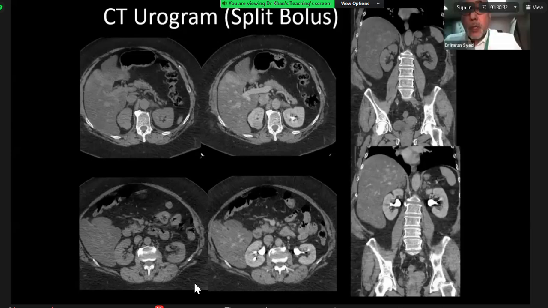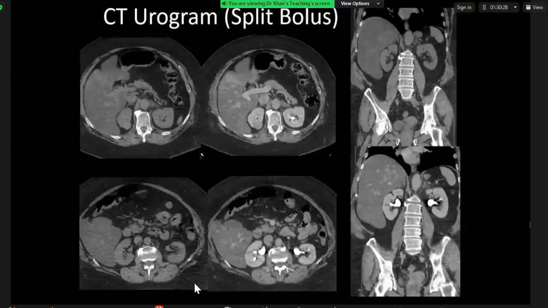Exactly. And what's the advantage of a split bolus? My understanding was that you can garner information from both sets of phases but within one image, rather than irradiating the patient twice to get the same information. Yeah, absolutely right.